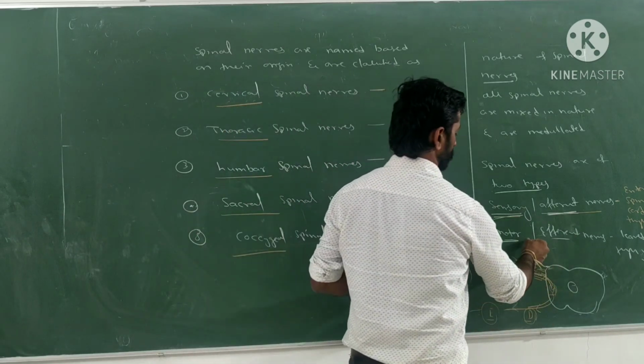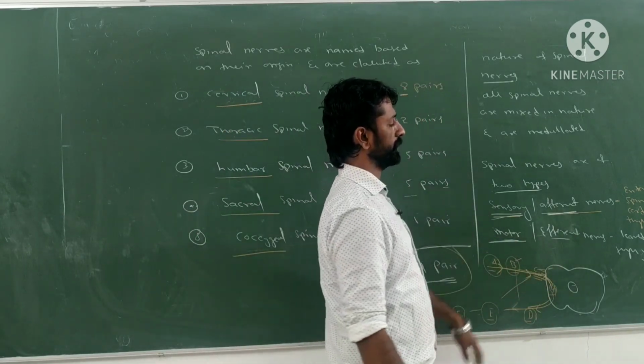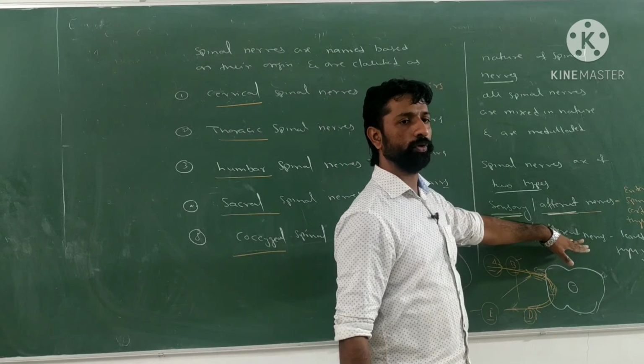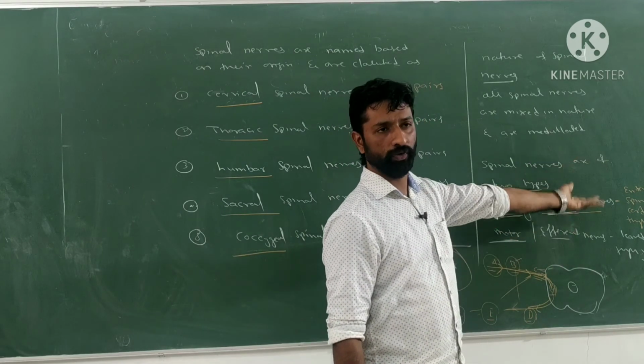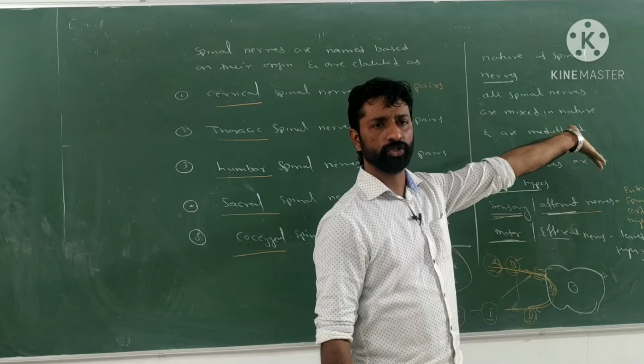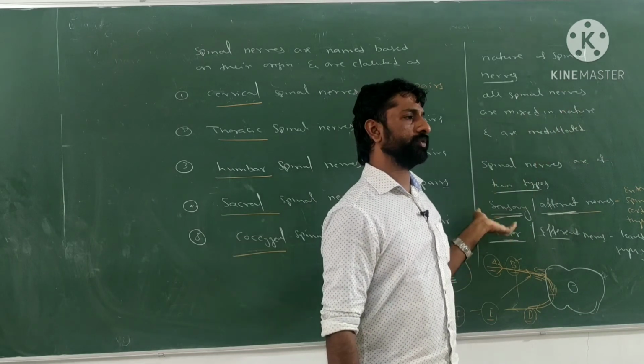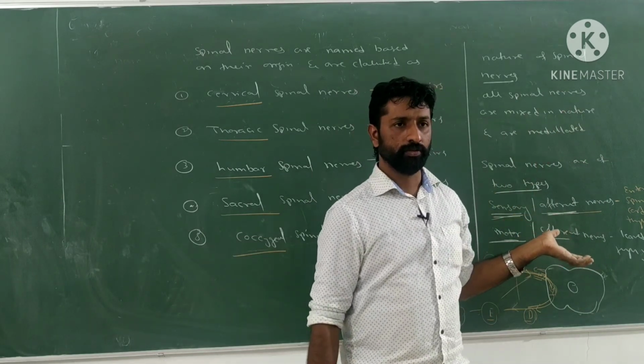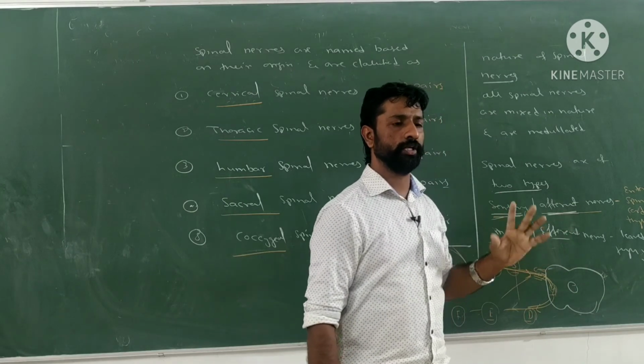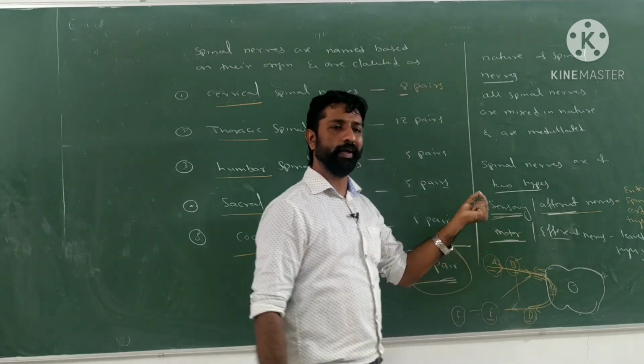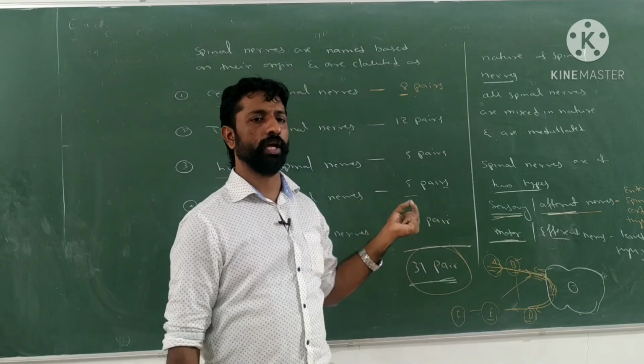What about the motor or efferent nerves? They also carry motor impulses either to the involuntary organs or to the somatic organs. If they carry to the involuntary organ, such nerves are differentiated into two parts. What are those? Preganglionic nerve and postganglionic nerve. Why?